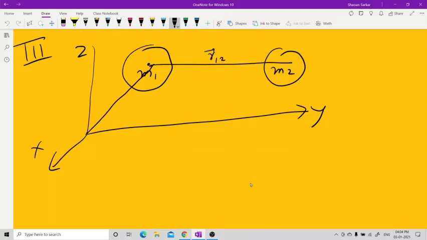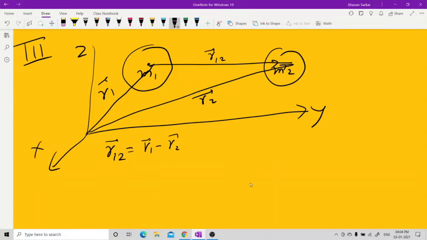Now this position vector is r1, this position vector is r2, and this is the resultant. We have already done this. So r12 is r1 minus r2, or the other way around, r21 is nothing but r2 minus r1. Therefore r12 is equal to minus of r21.